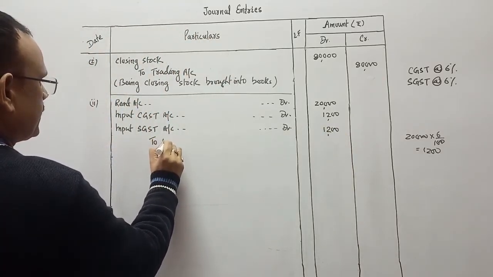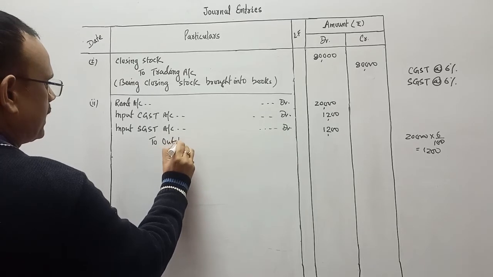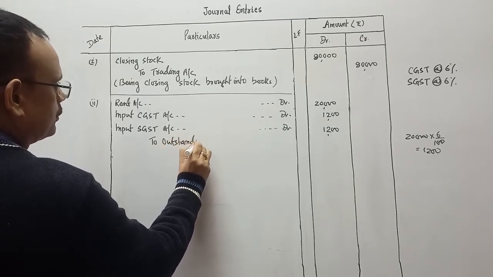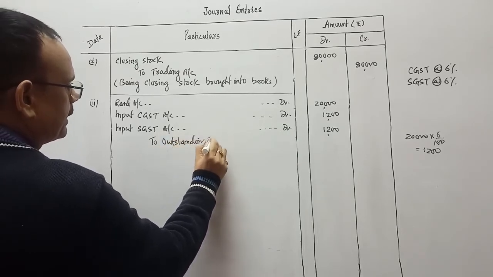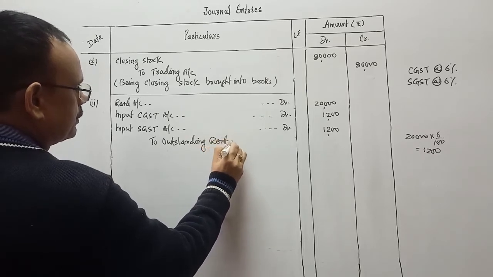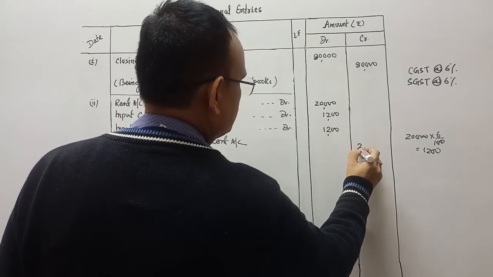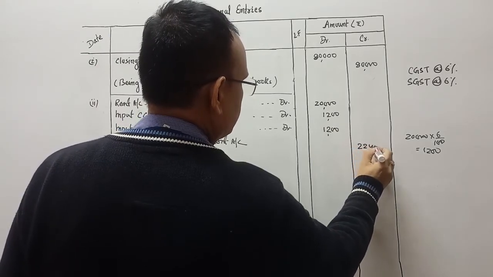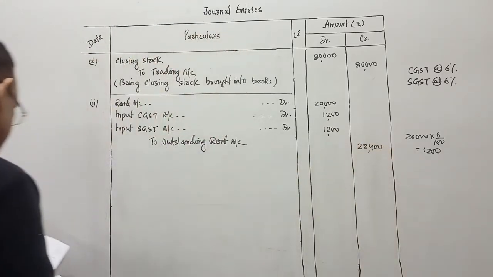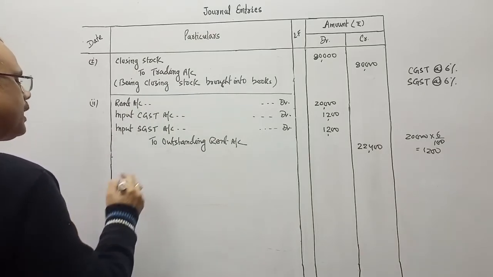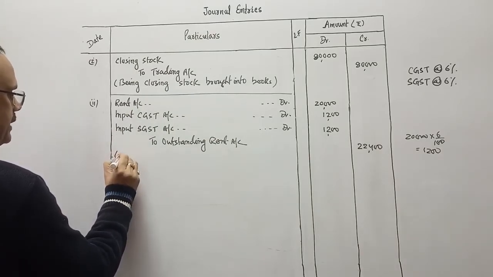To outstanding rent. You add it, so it is 22,400. 22,400, being outstanding rent adjusted.